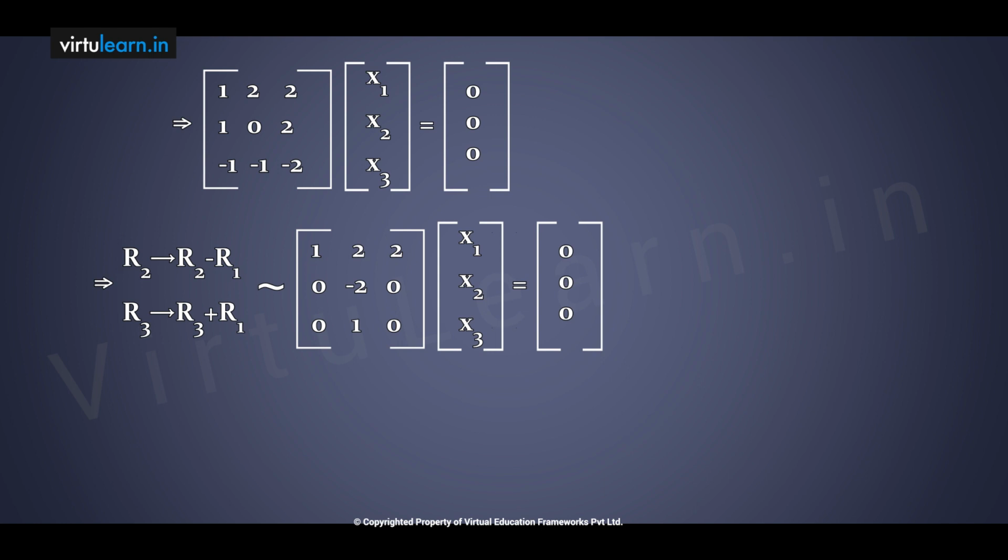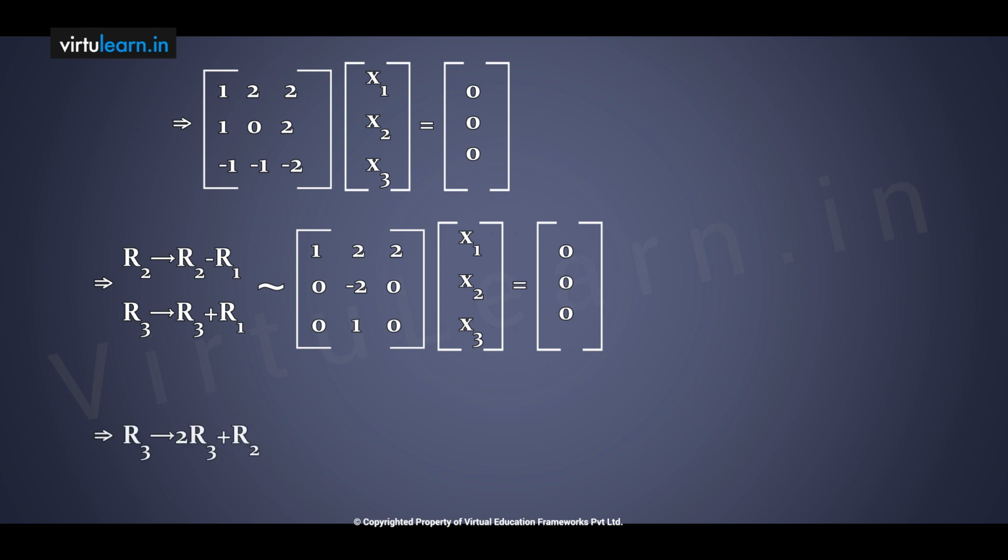Now you observe this system, again it is not in echelon form. If you convert the third row second element to 0, then it becomes echelon form. For that purpose, you should use the second diagonal element only. These are the rules of row transformation.